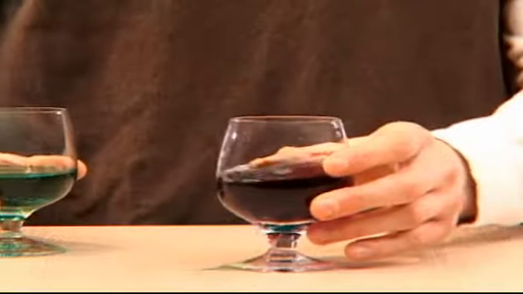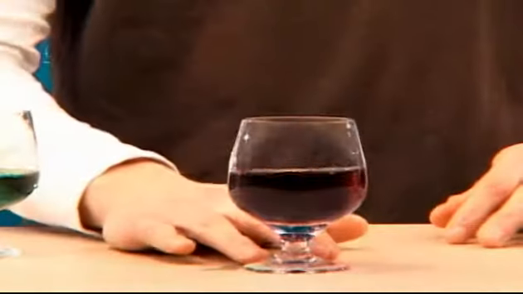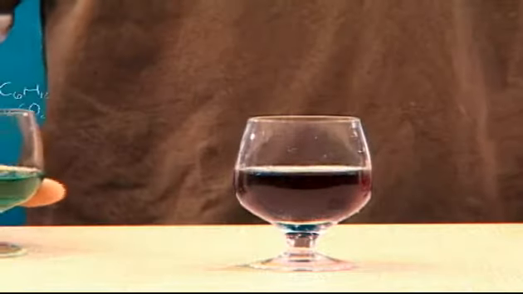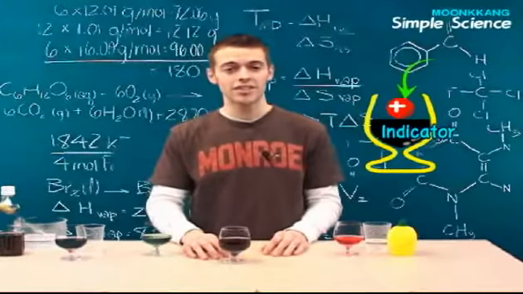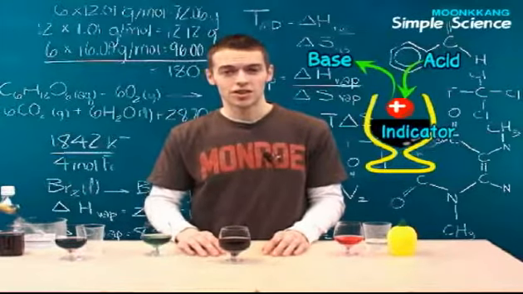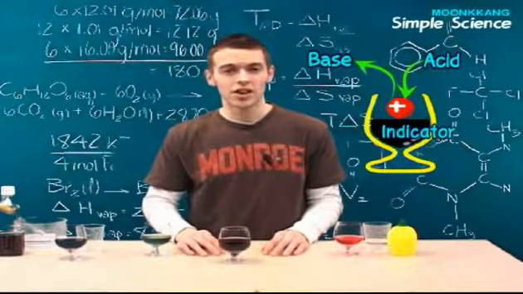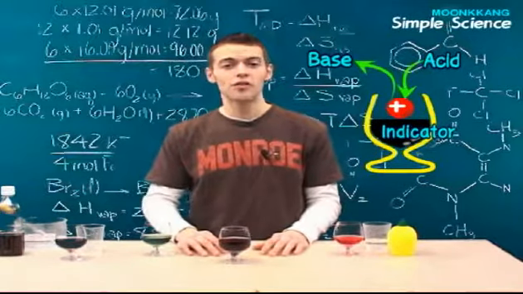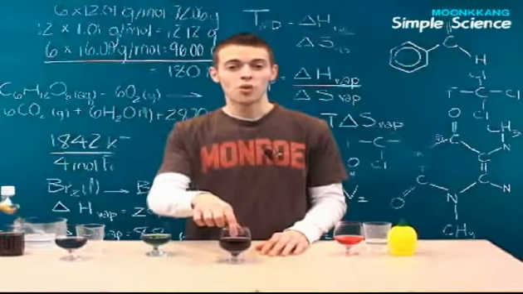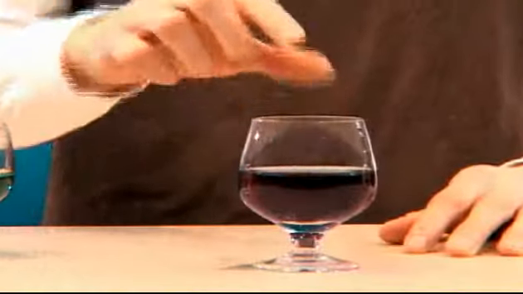So let's take a closer look at what we have now. So as you can see, the solution has turned purple. This is because the protons donated by the acid have been accepted by the base. So when these two react together, they end up canceling each other out in a process we call neutralization. So we end up with a neutral solution.